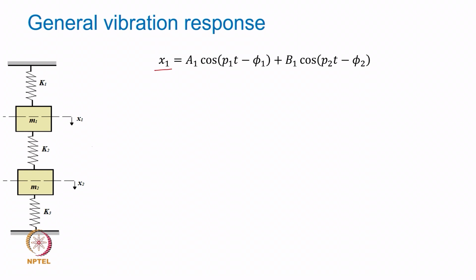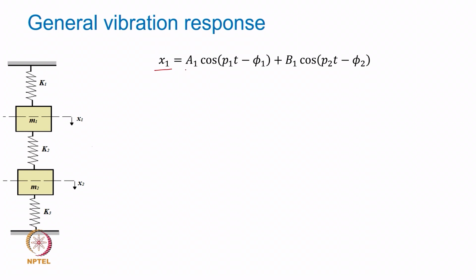We expect that because we have seen in the animation also that when you do not maintain the amplitude ratio at t is equal to 0, either conforming to the first mode or conforming to the mode shape of the second natural frequency, then the first mass will not only move with a frequency p1, but also with the frequency of p2.